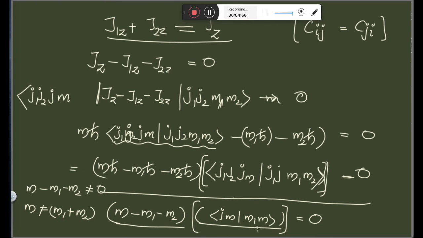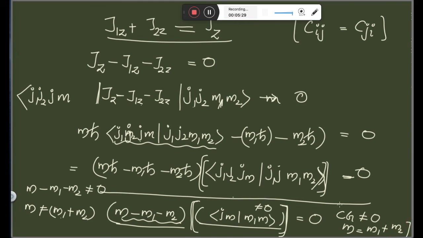The coefficient is going to be 0 when M is not equal to M1 plus M2, which means you have non-zero CG coefficients only when M1 plus M2 is equal to M. That happens when M equals M1 plus M2.